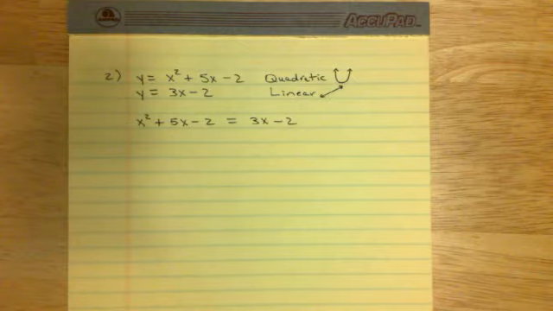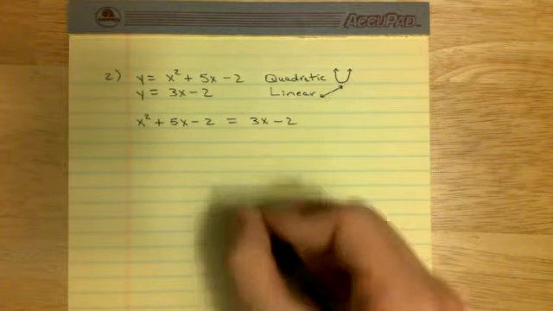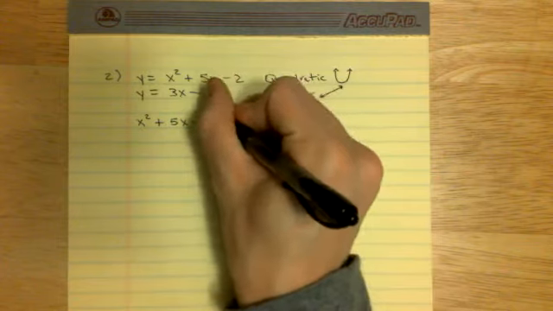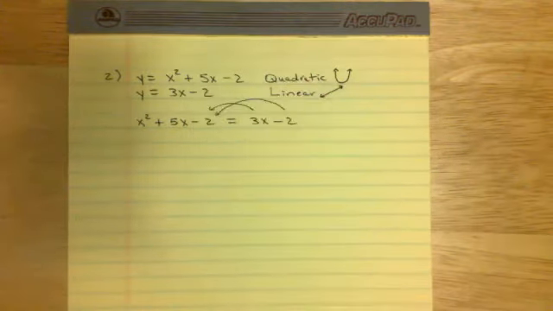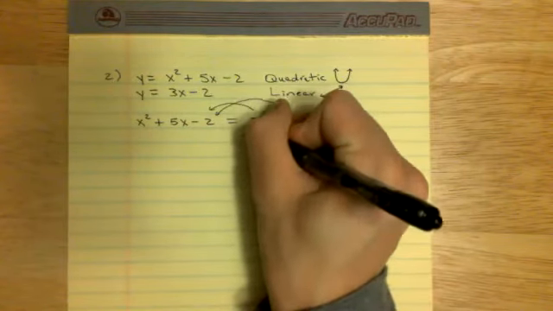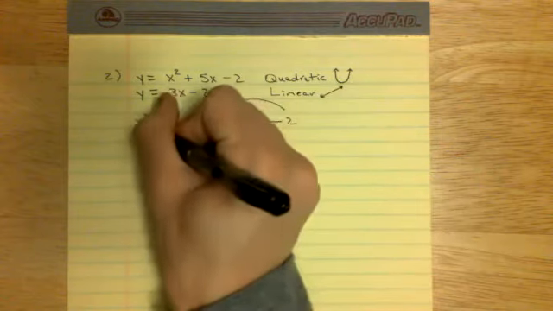Okay, so now I really want to get everything on the left side. So the 3x has to go over here, and the negative 2 has to go over here. So to get rid of a 3x, I'm going to subtract 3x from both sides.